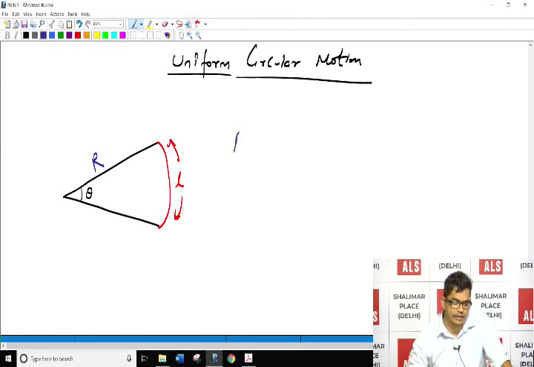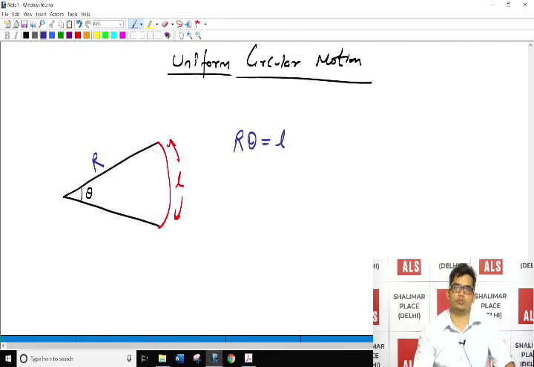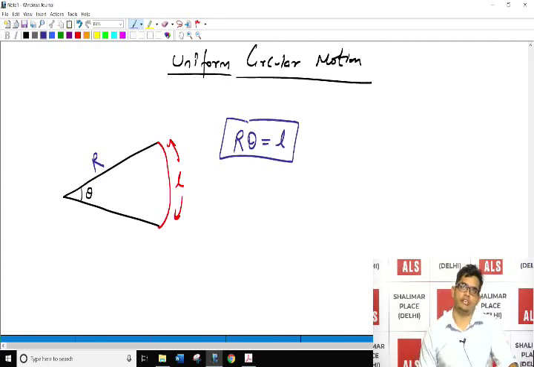Isn't it radius into angle is equal to arc length? This is the relation. R into theta is equal to L. Isn't it? Now keep this information with you, it's going to be useful.